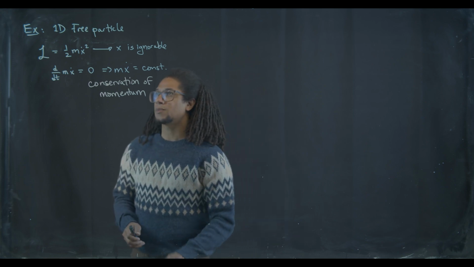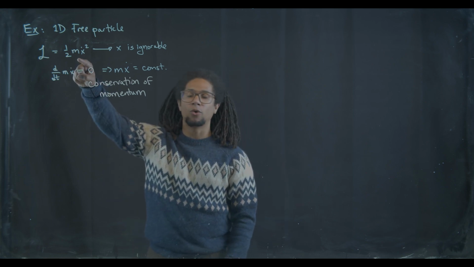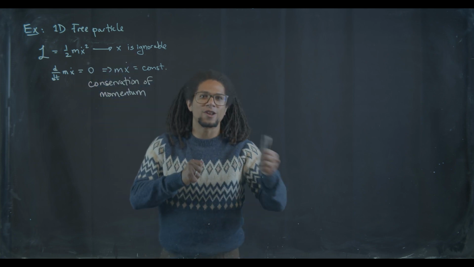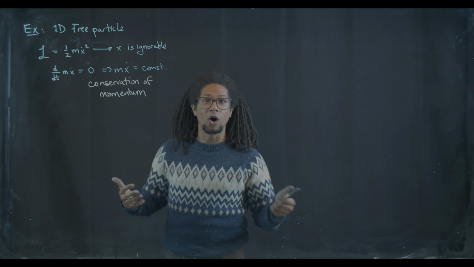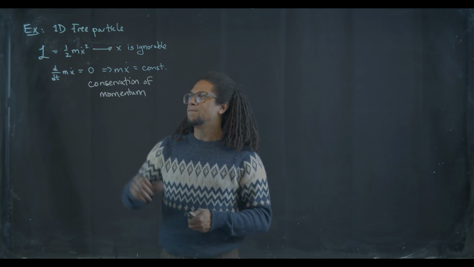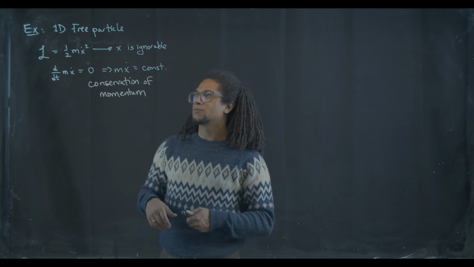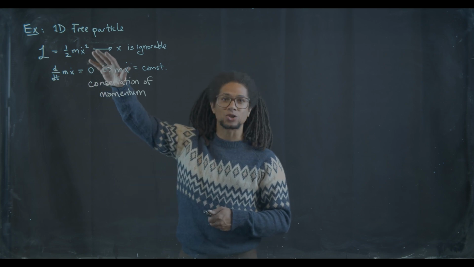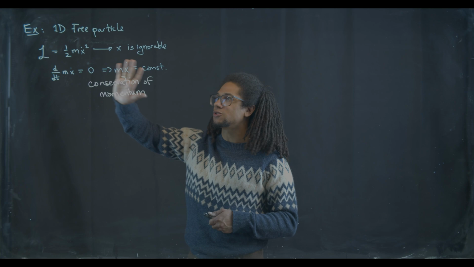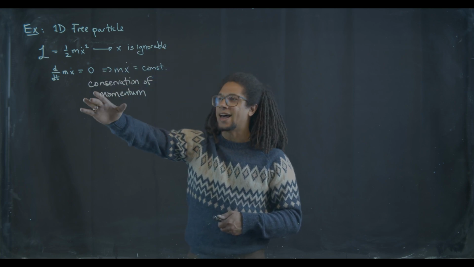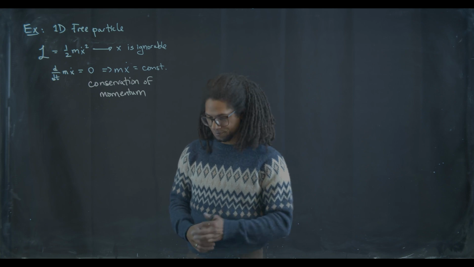The idea here is that if I change all my points, x, to points a little bit further down, say x plus 1 meter, then this Lagrangian doesn't change at all. And therefore, we have a translational symmetry here. If we translate all of space by some amount, the Lagrangian is left invariant. And that leads to conservation of momentum.